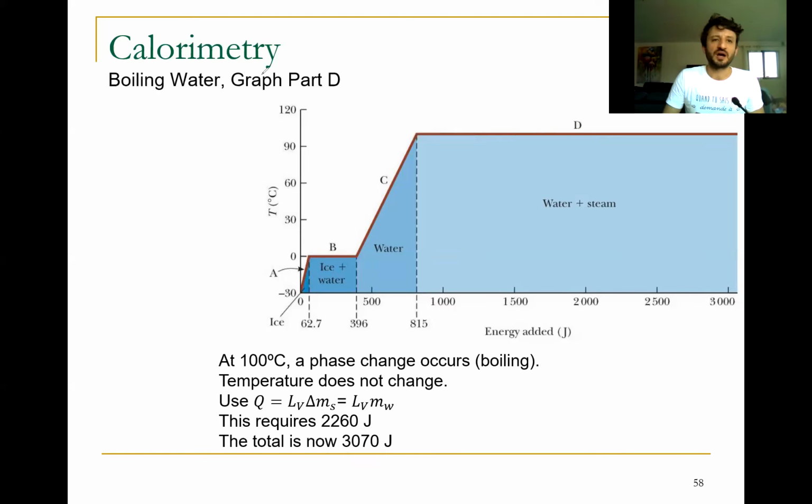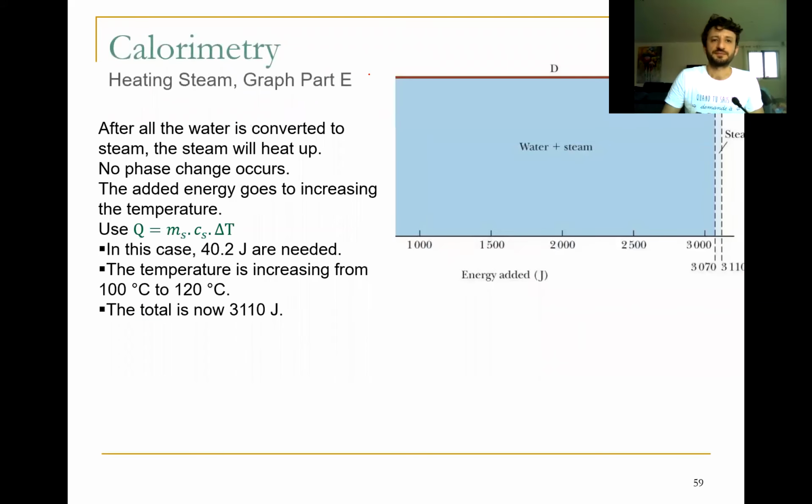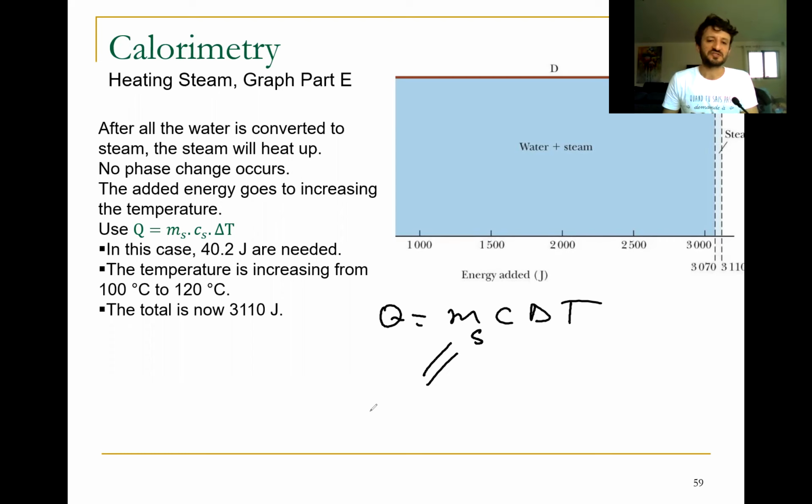Okay, now we are here at this point. At this point, we have only a gas, steam. I want to convert this one from 100 steam to 120 steam. So we are going from the same phase, steam to steam. In this case, we have only one phase, Q equals M C delta T. We have steam, so M of steam equals M of the liquid, okay?